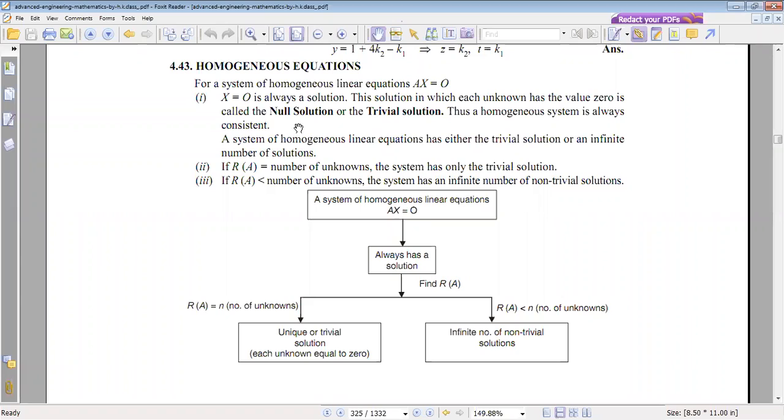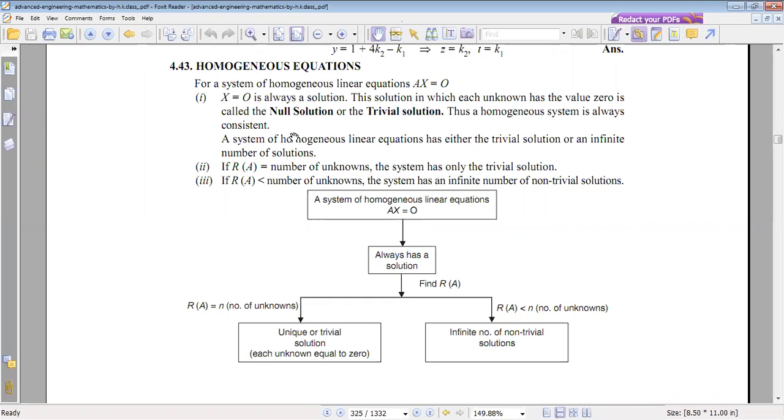This solution, in which each unknown has the value 0, is called the null solution or trivial solution. Thus a homogeneous system is always consistent. Now come to the point of what is given: x equal to 0 is a solution. You can note it down yourself. Suppose you take the equation 5x minus 3y plus z equal to 0.